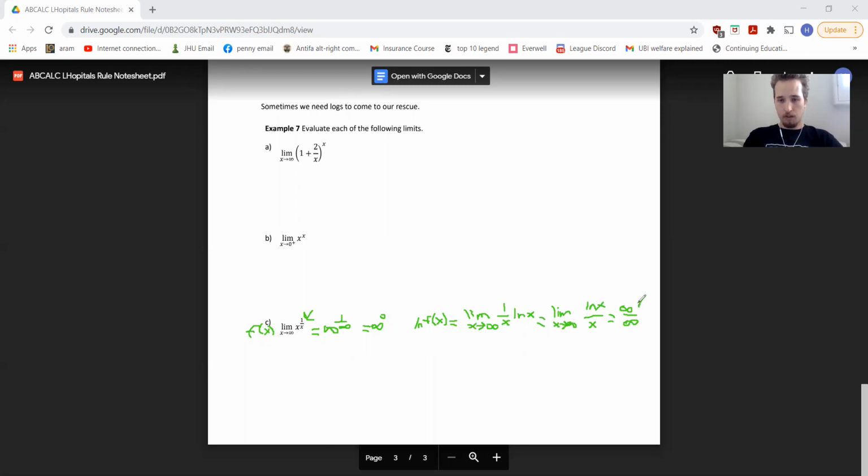So now we can use L'Hopital's. We got it in the form we wanted, right? So again, x goes to infinity. We need to differentiate both the numerator and the denominator separately. Again, do not differentiate both top and bottom together.